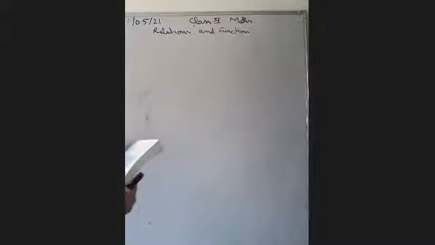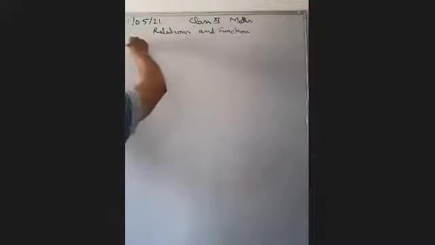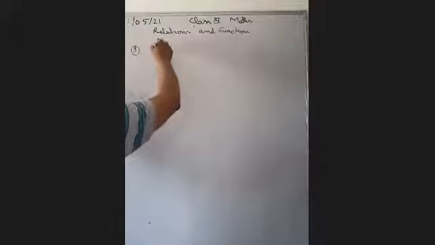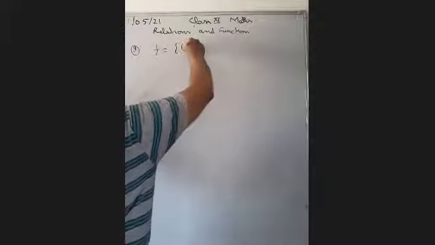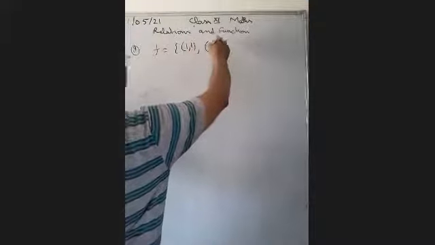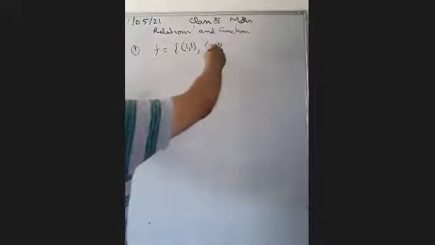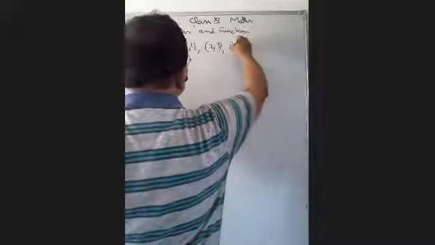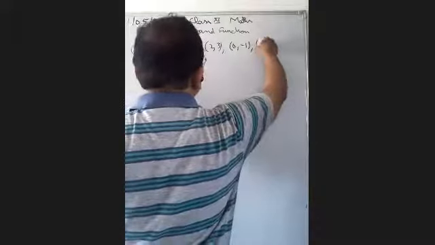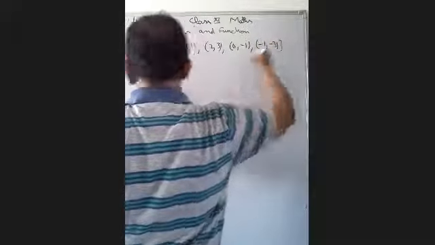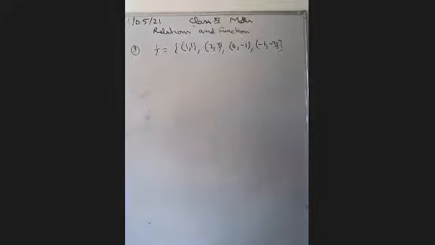तो बेटा क्वेश्चन नंबर 8 है आपका. In question number 8 they have given you f equal to {(1, 1), (2, 3), (0, -1), (-1, -3)}. Let f be a function from Z to Z. Z to मतलब integer to integer. ठीक है. fx is equal to ax plus b.